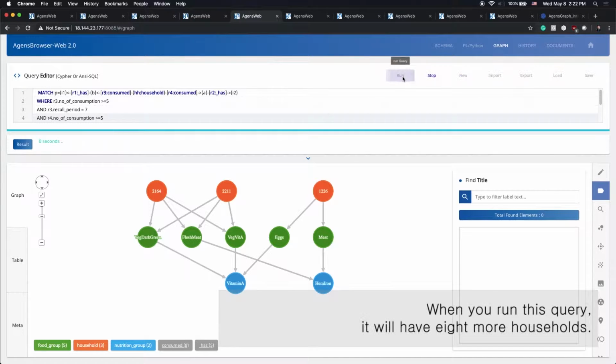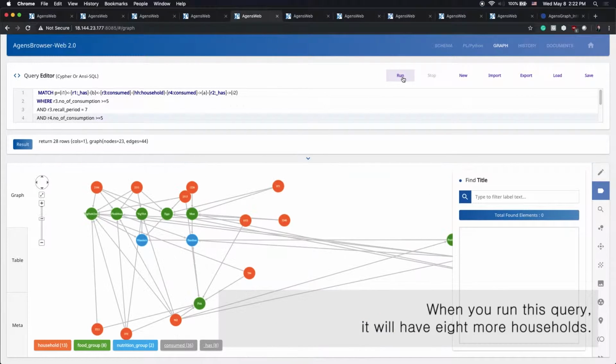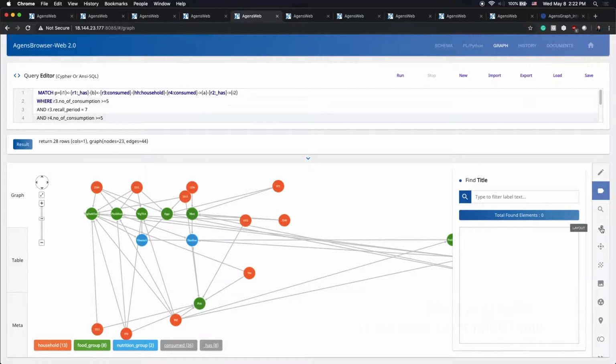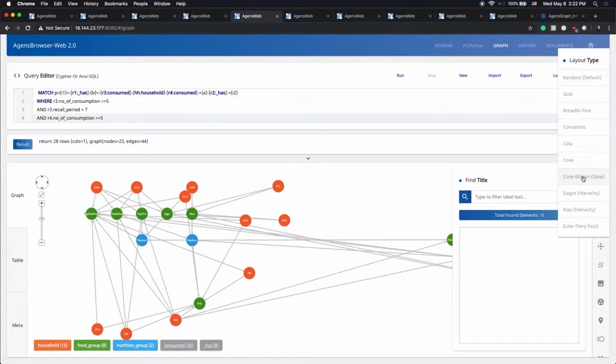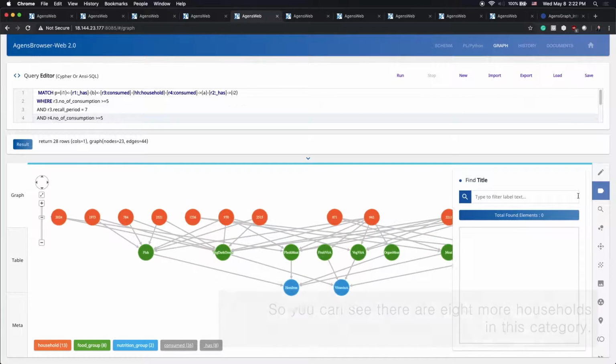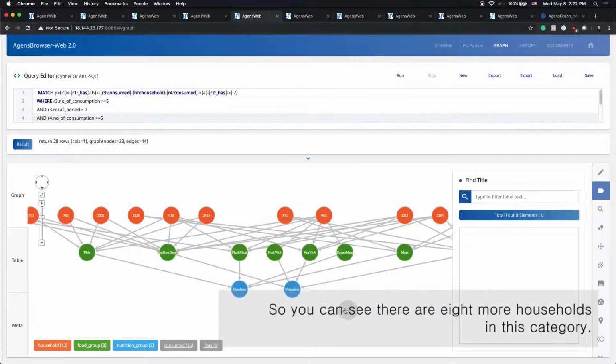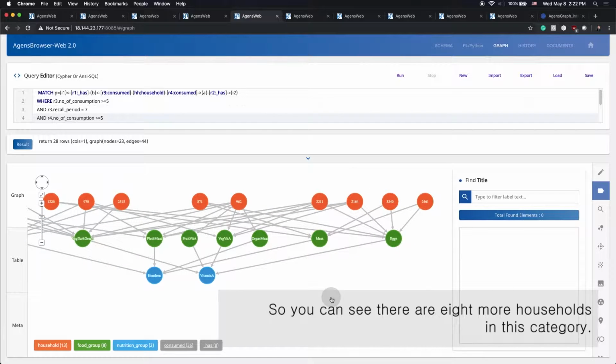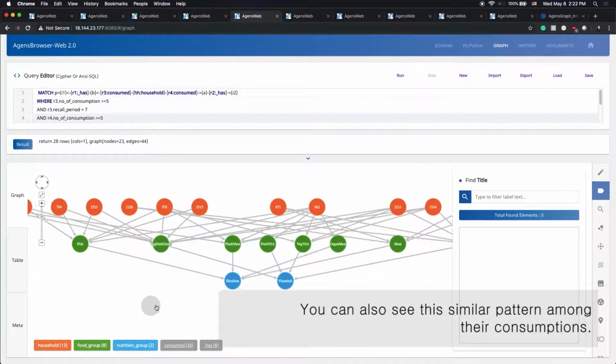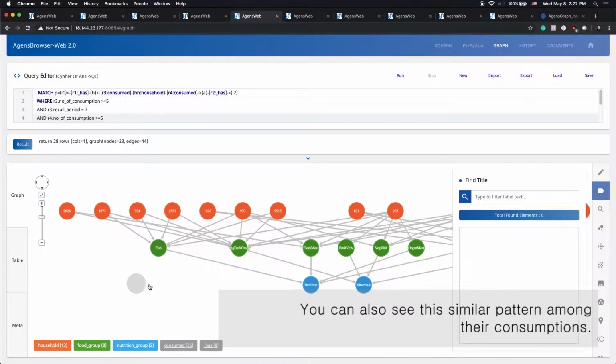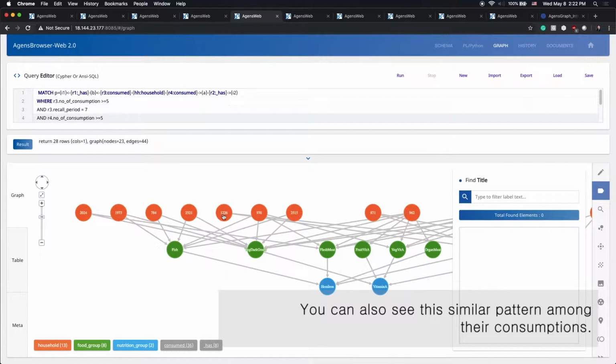When you run this query, you will have 8 more households. Rearranging them, you can see there are 8 more households in this category, and you can also see similar patterns among their consumption.